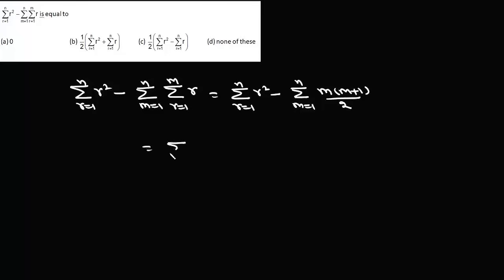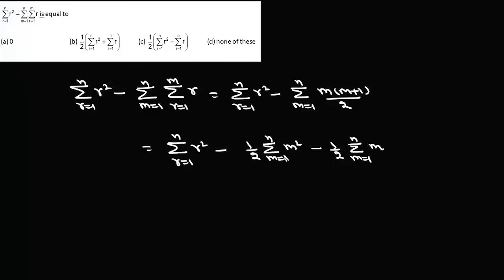So basically this is summation r varies from 1 to n r square minus, and it is 1 by 2 summation m varies from 1 to n m square minus 1 by 2 summation m varies from 1 to n summation m.